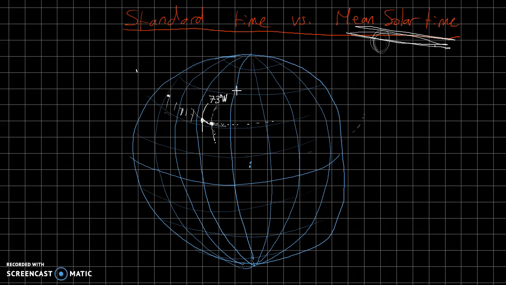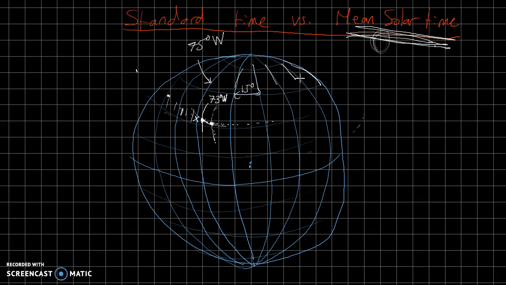These time zones are 15 degrees apart, as you know, and your location will match the mean solar time of the nearest reference meridian. So for Montreal, that would be 75 degrees west. Every 15 degrees, and the 0 degree will be Greenwich. So here this is 60, this is 45, this is 30, this is 15, and Greenwich will be here.